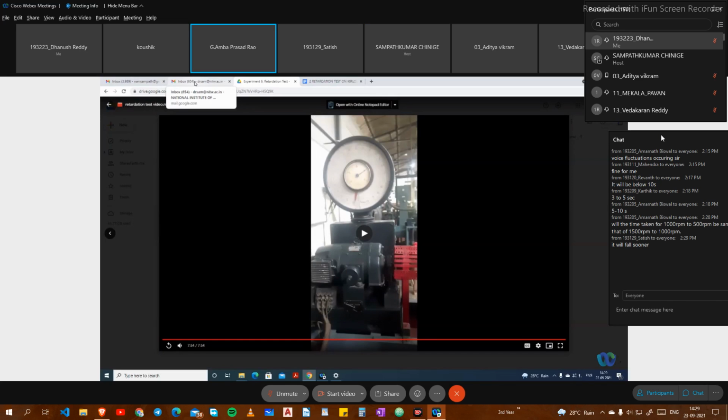So how you make observations without parallax error matters a lot. Have you noticed that? Yes, sir, we have to view perpendicularly. When he says 5, it is slightly crossing the 1000 RPM. Okay.